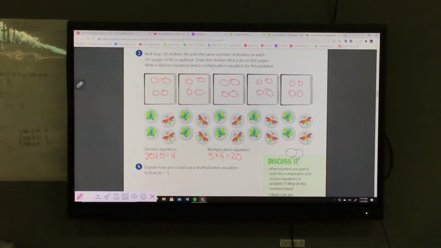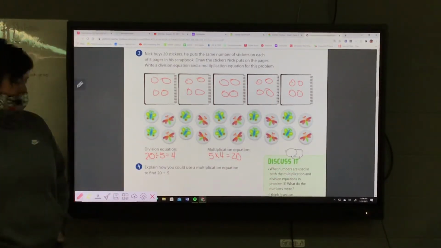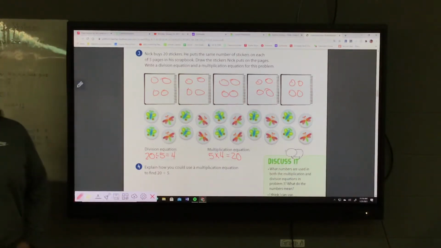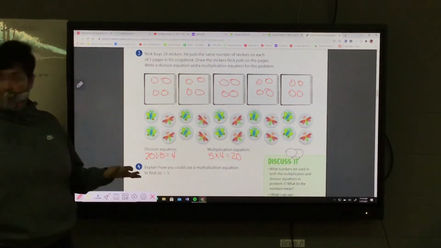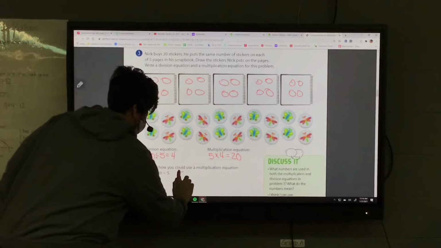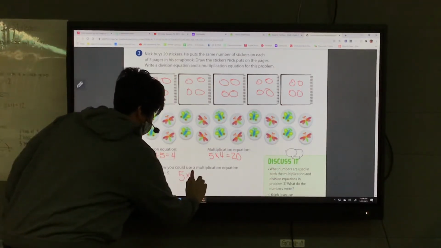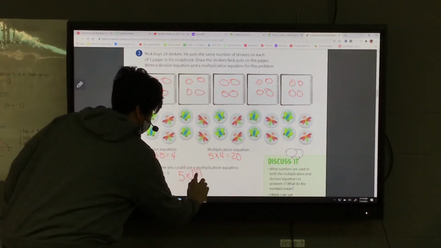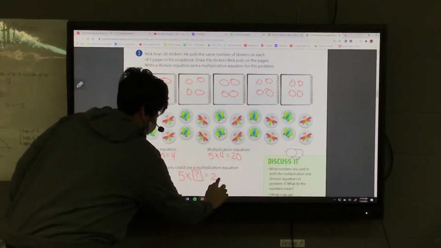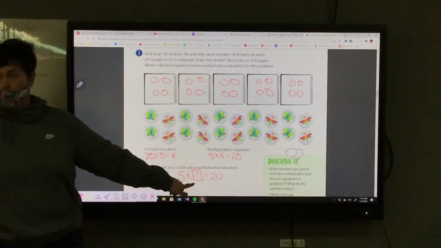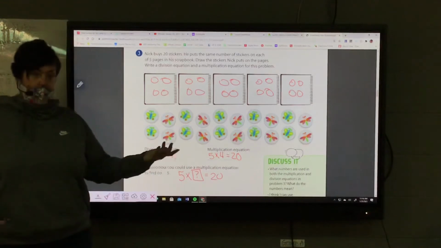What could you do? Amy? You can see what 5 times whatever this is equals 20. Okay, so this is kind of what Amy is saying. We don't know. So 5 times whatever that is equals 20.